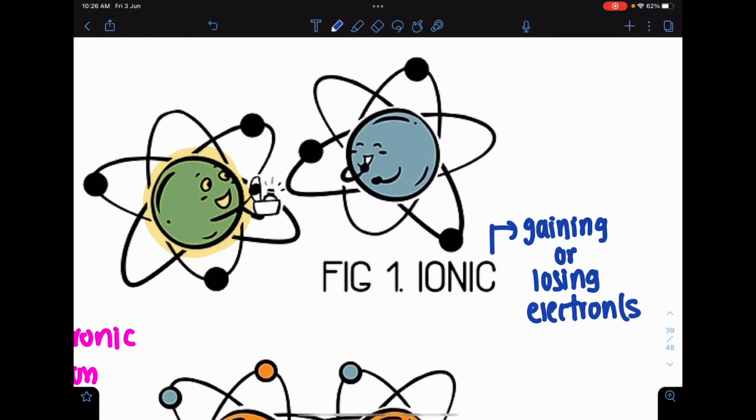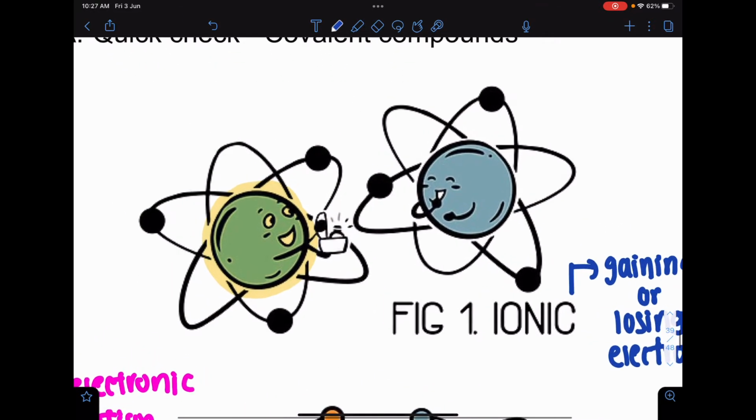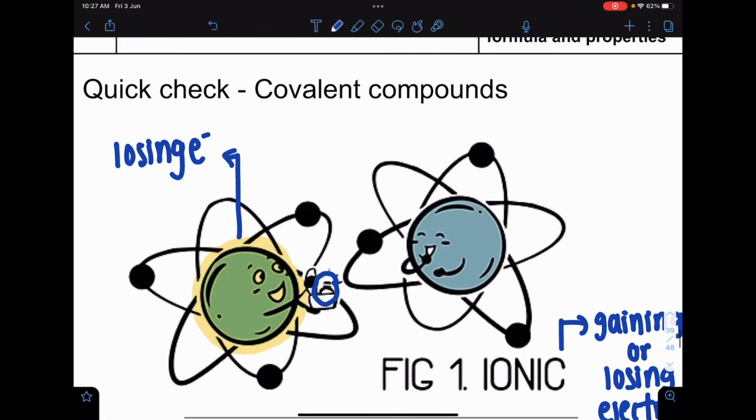So in this case, which of these atoms are gaining or losing electrons, right? This yellow atom that's giving away the one ring, that means he is actually losing electrons, whereas this very sheepish blue atom here, he is gaining one electron.